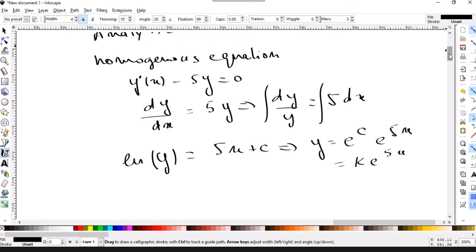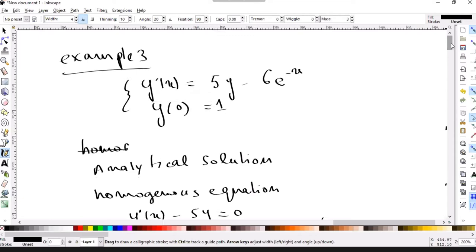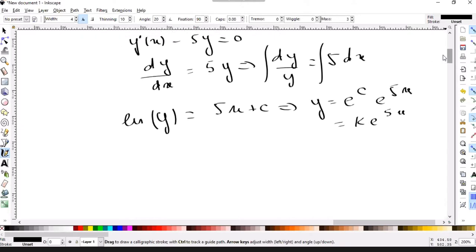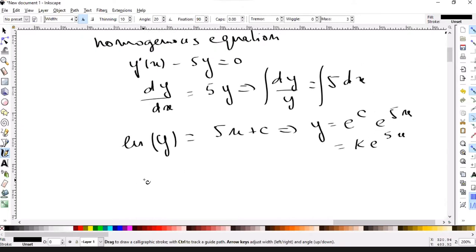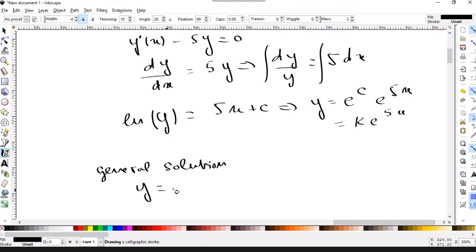Right. Now, because we have here another term that depends on x, we will use the method that is called the variation of the constant. So this constant in this problem, now the general solution, not for the homogeneous equation, but for the general equation, we can express it as y is equal to k of x exponential 5x.